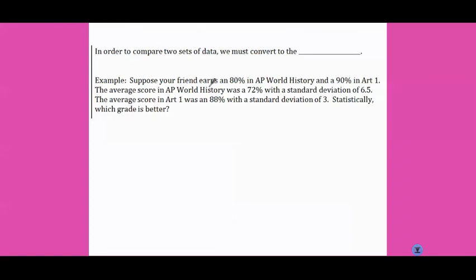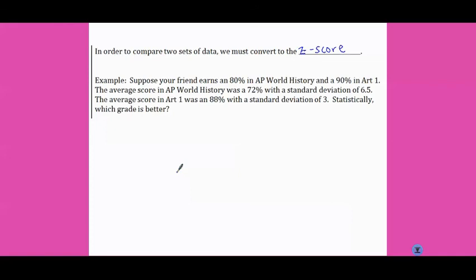The other reason we use z-scores is to compare two sets of data. So before we can compare them, we have to convert them to z-scores. So suppose your friend earns an 80% in AP World History and a 90% in Art 1. The average score in AP World History is a 72 with a standard deviation of 6.5.